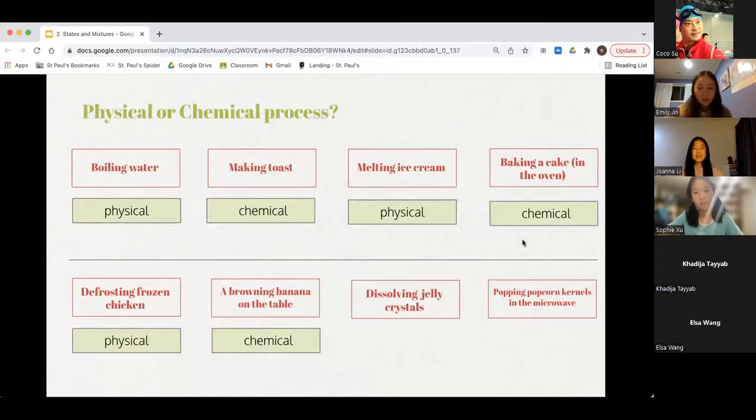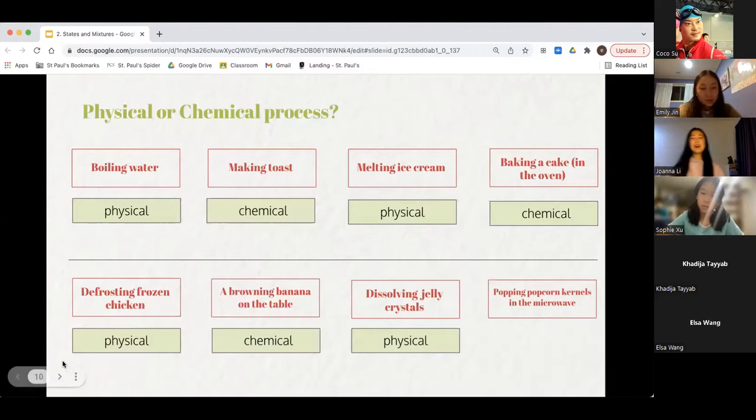Okay, so dissolving jelly crystals would in fact be a physical change. Good job to people who said physical. If we think about it, the crystals are like an ionic solid, with a lot of particles that are together, and when you put them in water, the particles spread out because they're in the water.